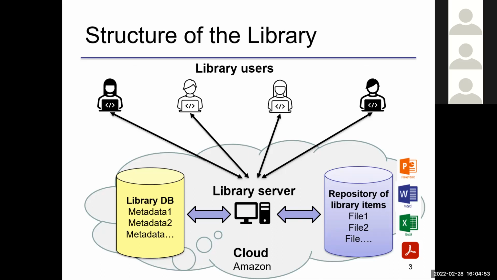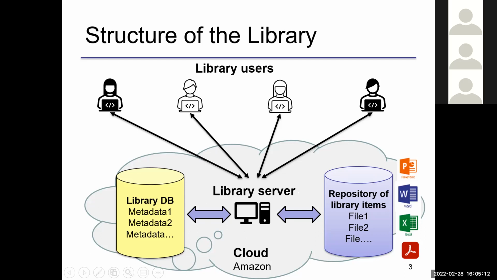So we are here users, and we are using the library system. The library program is on a library server. It is a computer which is somewhere in the cloud.